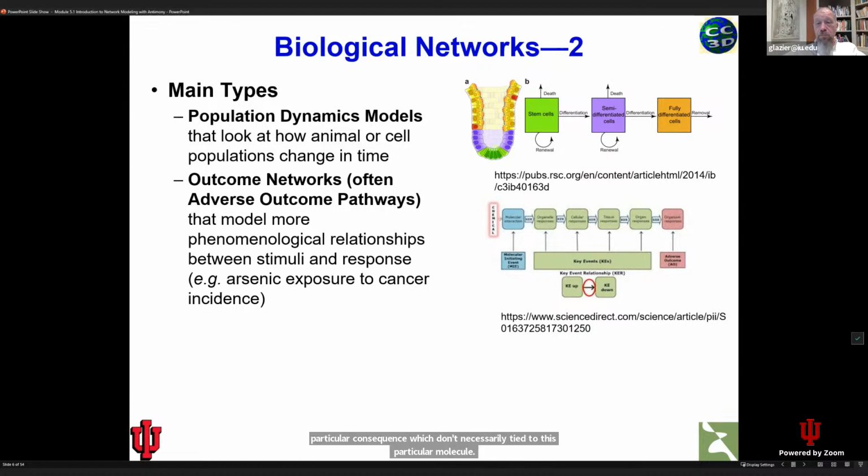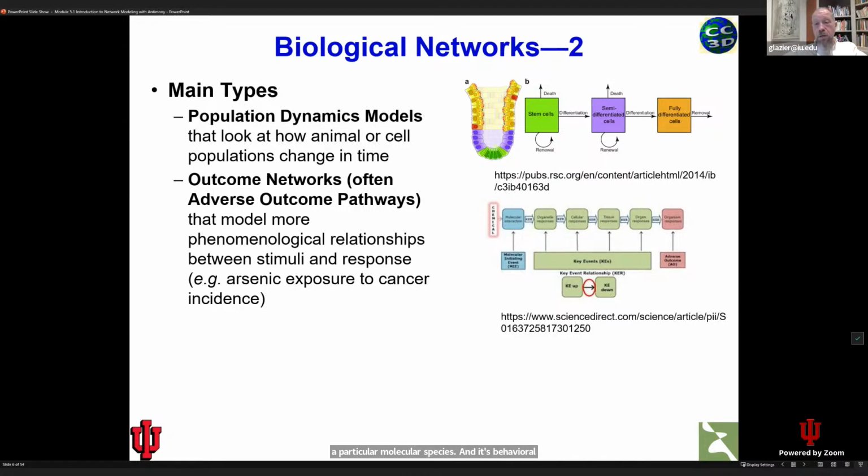So we know that the concentration of a growth factor is correlated with the rate of cell proliferation, but we may not represent all of the connections between a particular molecular species and its behavioral outcome.